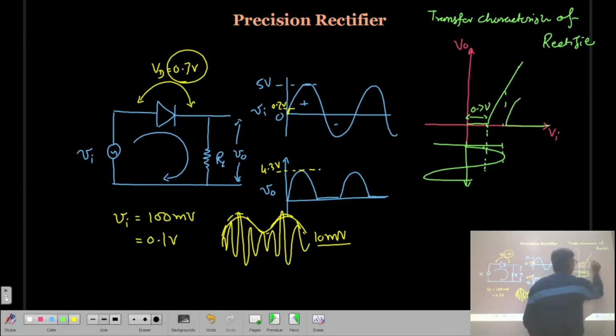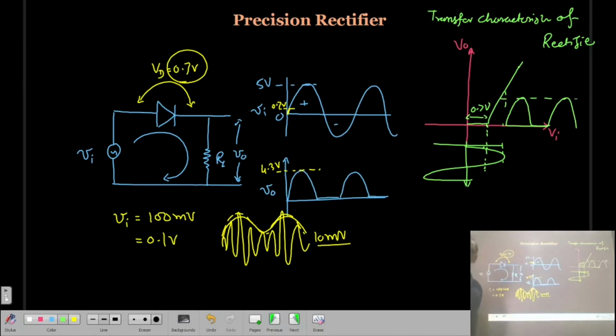So here we have the output voltage like this. Whatever part of the signal is here, that is not present in the output. This is the transfer characteristics of a practical rectifier where we use a practical diode.